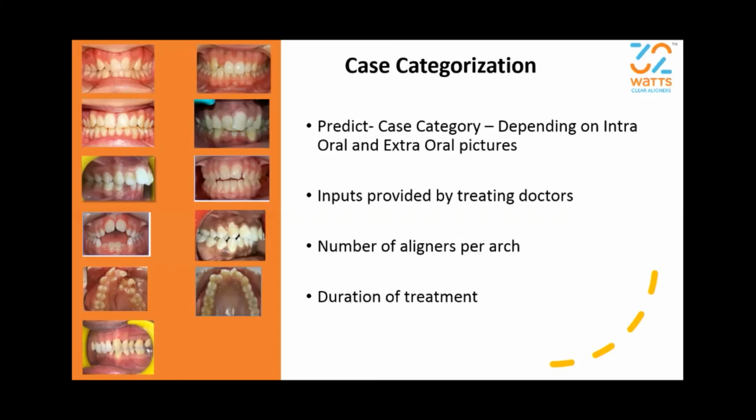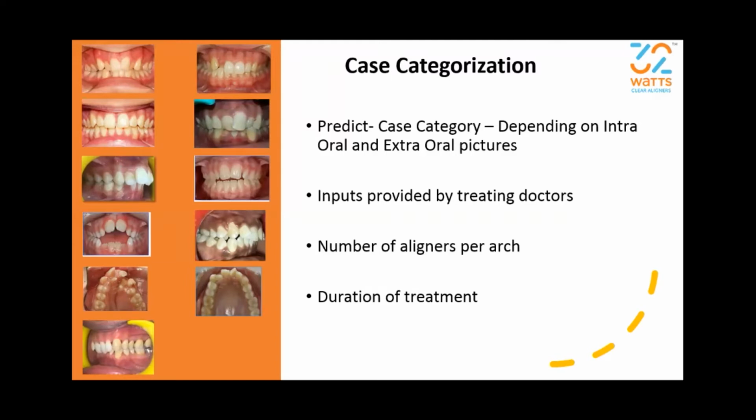Now it is very simple: a milder form of malocclusion will have a lesser degree of malocclusion, which will require a lesser range of tooth movement and hence a lesser category of the aligner.